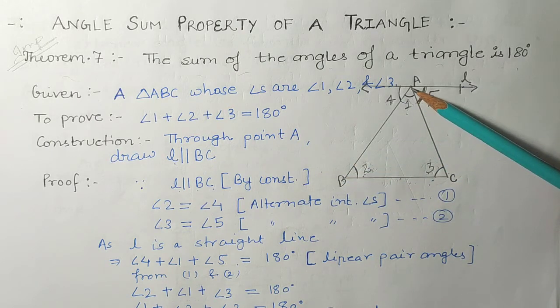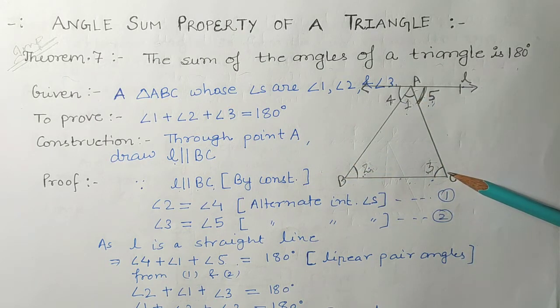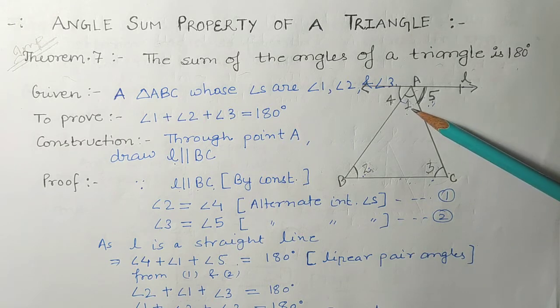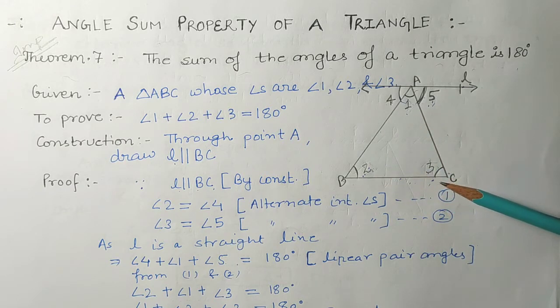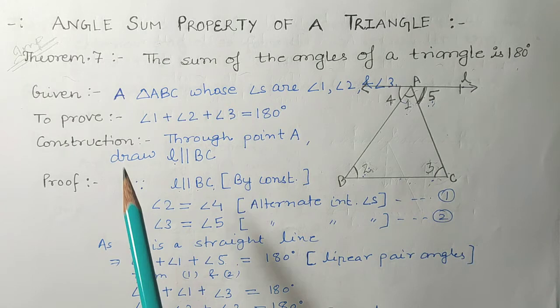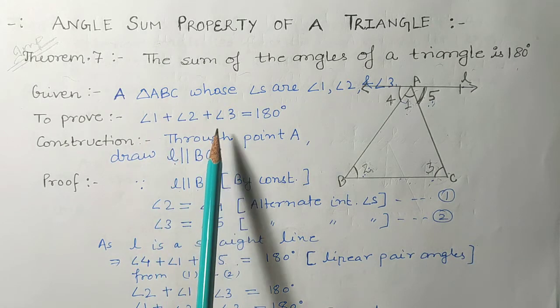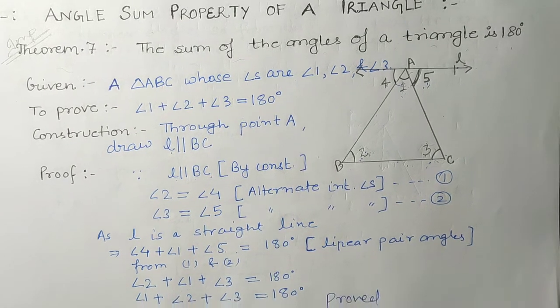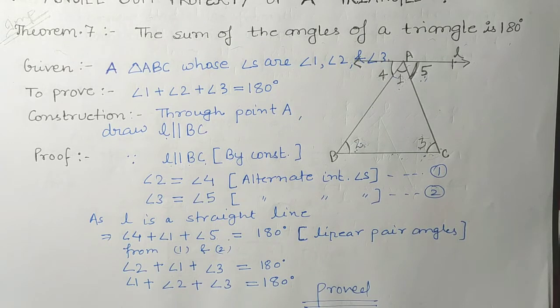Like here triangle ABC is there and its angles are angle 1, angle 2 and angle 3. Here we have proved that angle 1 plus angle 2 plus angle 3 is equal to 180 degrees. This result is very important. We will use this result while solving the questions of the exercise.